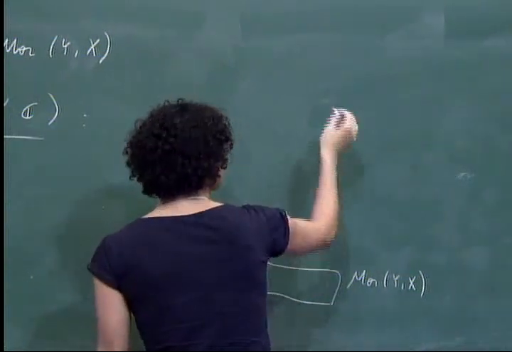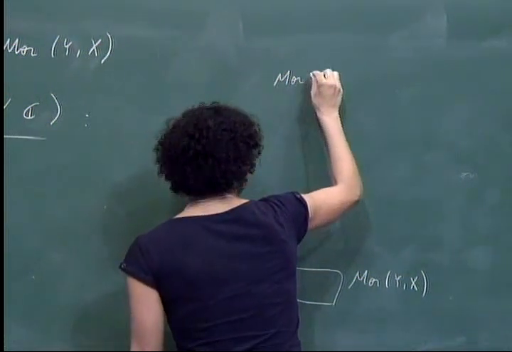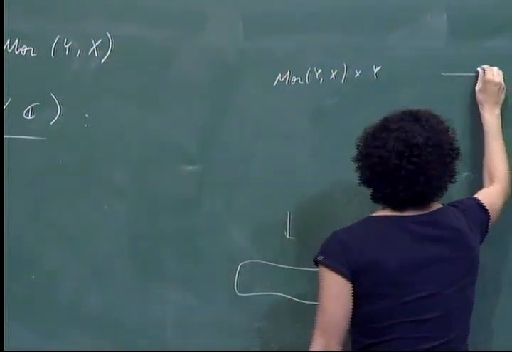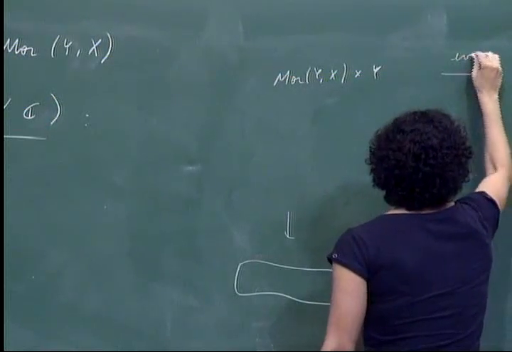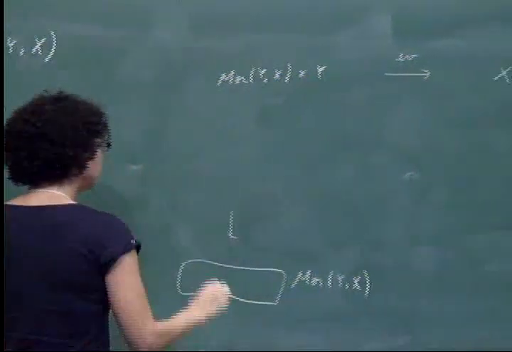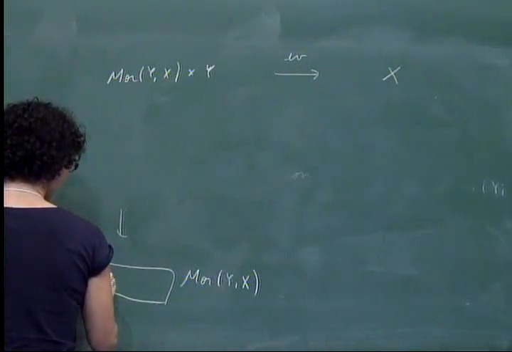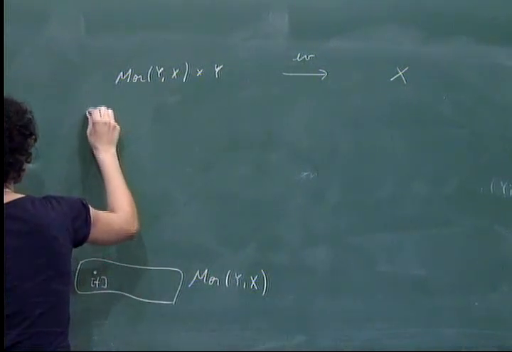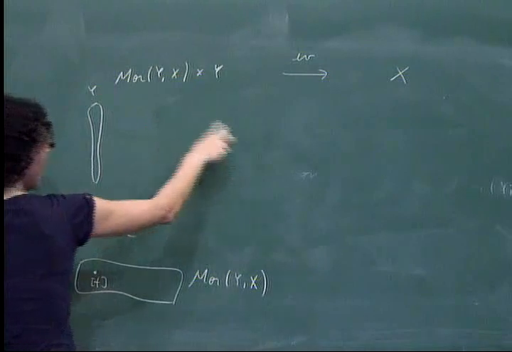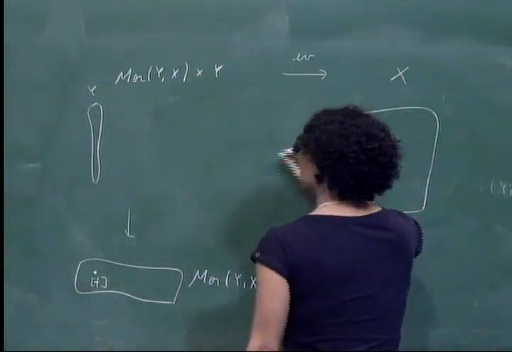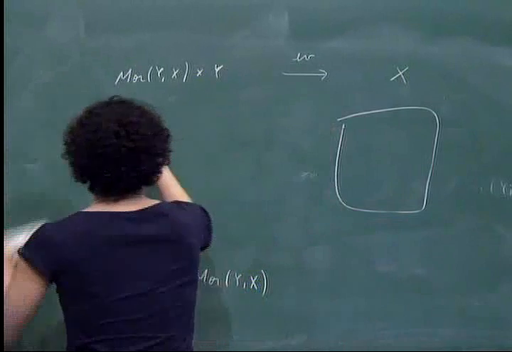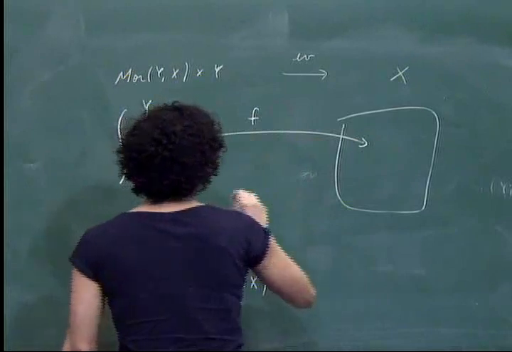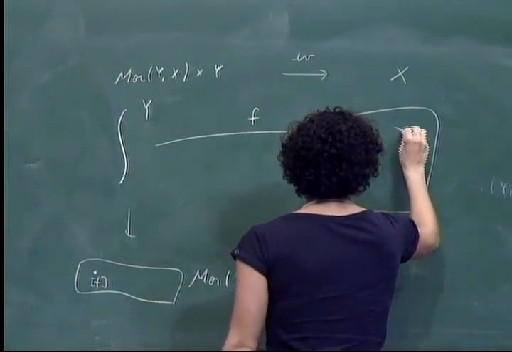Above this we have the product Y together with the evaluation map to X. So I have one point here corresponding to the morphism F. Above this point I have Y, and I have the map. Let me just draw Y as a curve, and then I have the map F from Y to X.